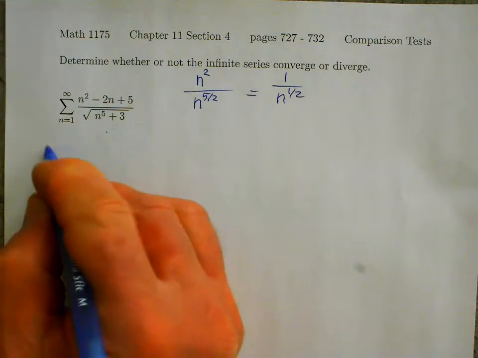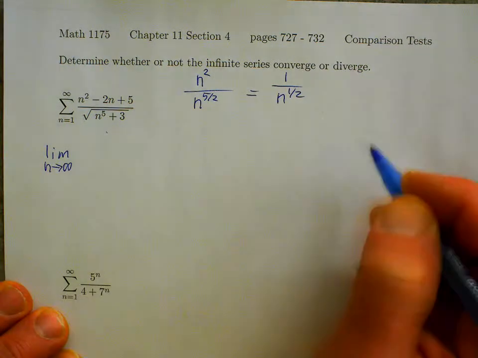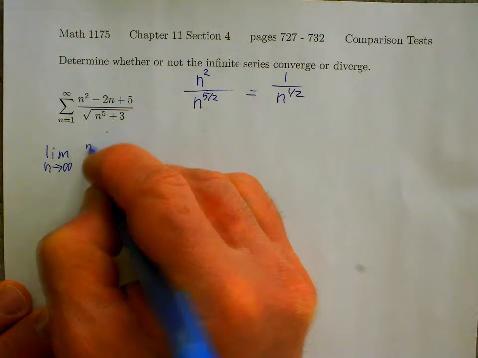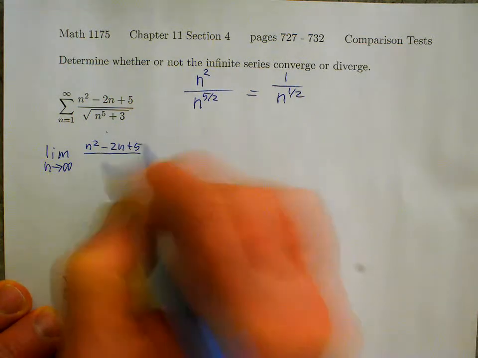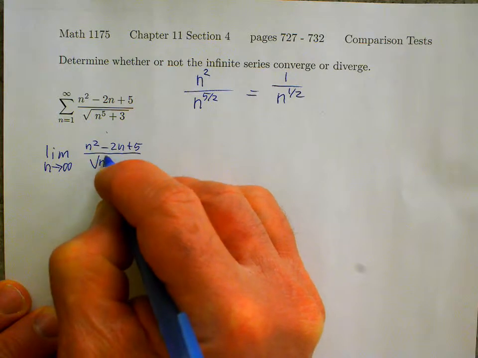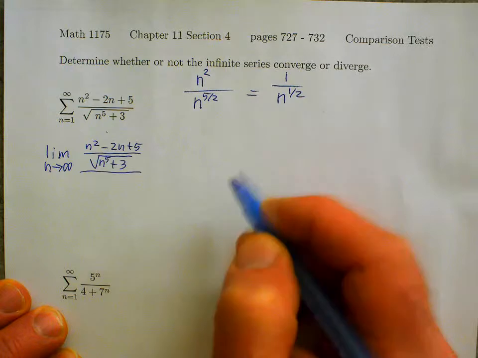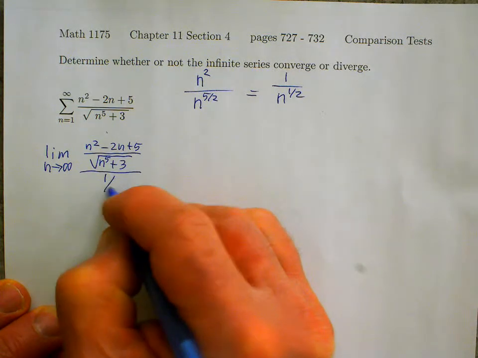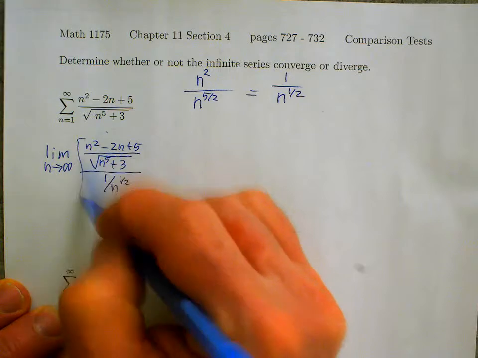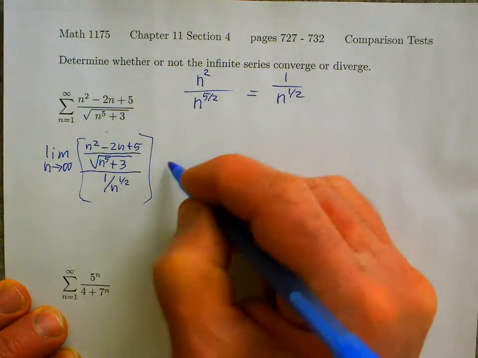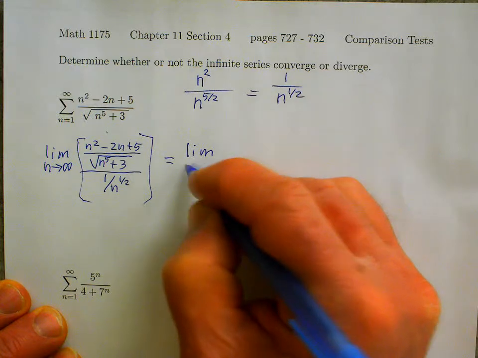Okay, so we compute the limit as n approaches infinity of n squared minus 2n plus 5 over the square root of n to the fifth plus 3, divided by 1 over n to the 1/2, which is 1 over the square root of n. And then simplify a little bit.